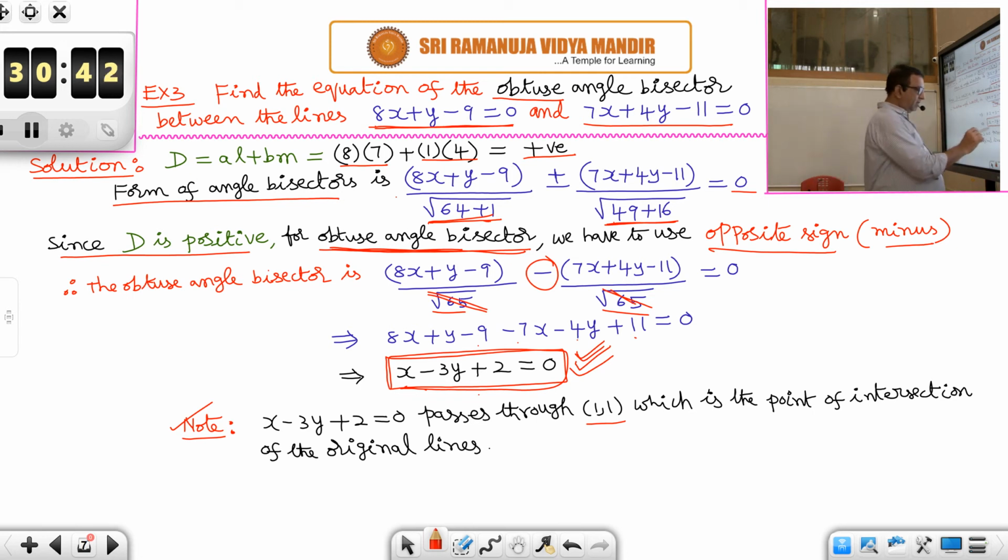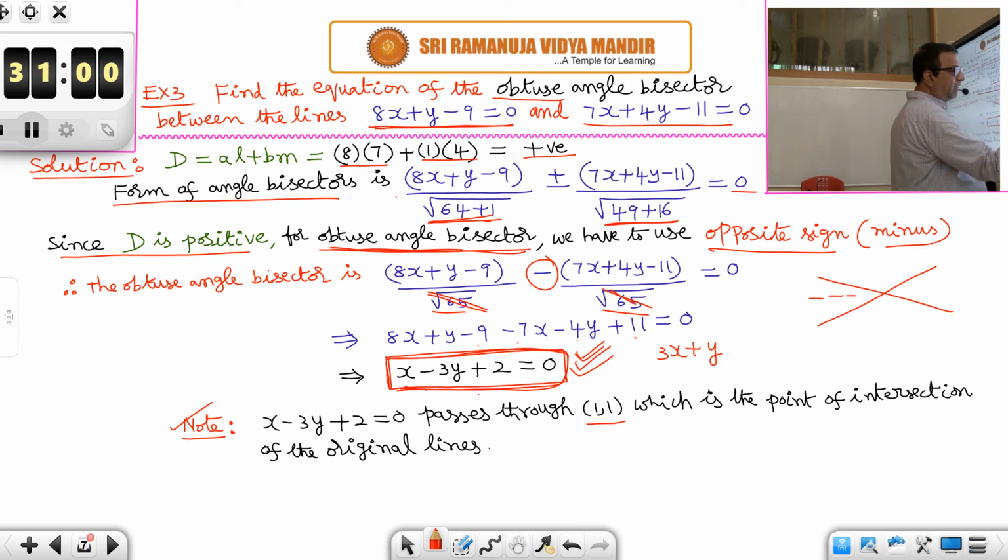You know that the angular bisectors are perpendicular. So what is the line perpendicular to x minus 3y? 3x plus y. And it must pass through the point 1 comma 1. Is it not? The original lines and both the angular bisectors, acute angle bisector and obtuse angle bisector, must pass through the same point 1 comma 1.